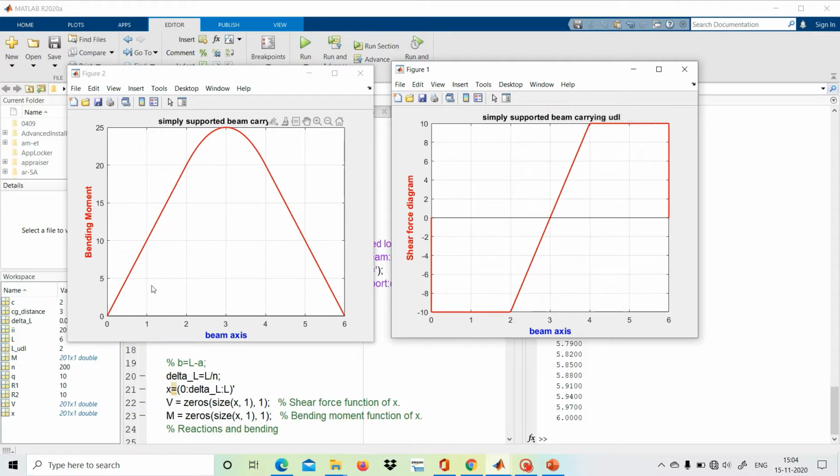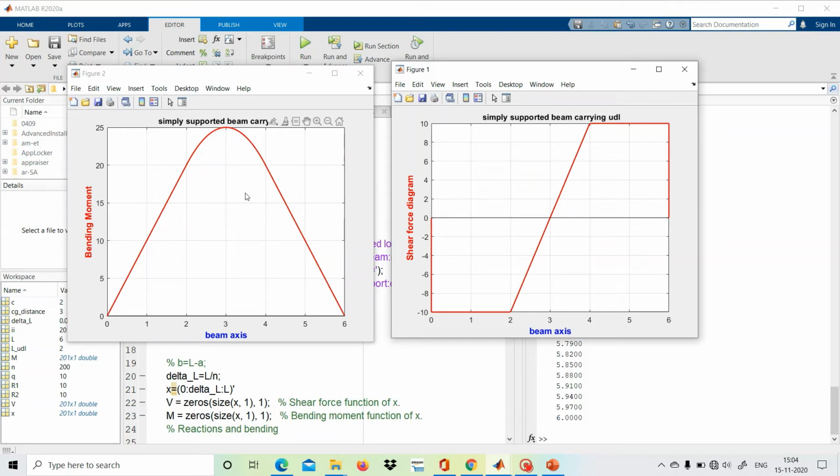Similarly, the bending moment diagram is initially linear up to the 2 meter position where the distributed load starts. Due to the distributed load, the bending moment diagram is quadratic in nature. And after 4 meters, where the distributed load ends, the bending moment diagram is again linear.